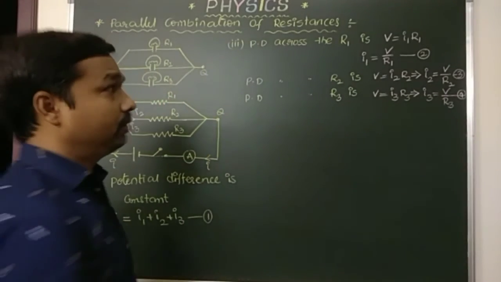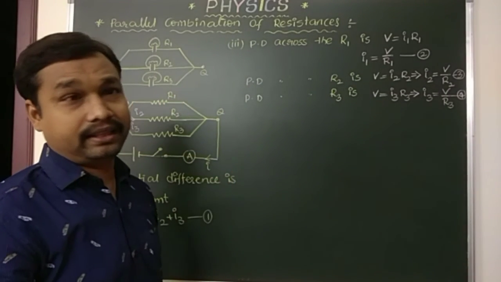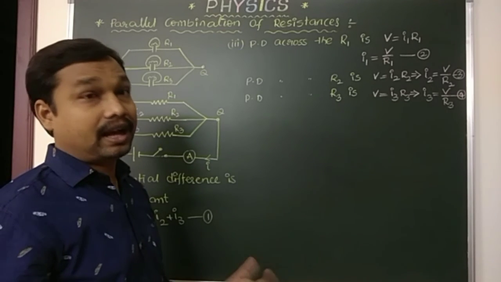So now we have I1, I2 and I3, and we need to find the I value.